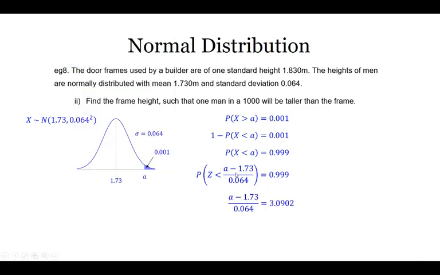So that value here will be equal to that Z value. So all we need to do is times up by the standard deviation of 0.064 and add on our mean of 1.73, and it gives me a door frame height of 1.928 meters, which is taller as we predicted from what it was initially.